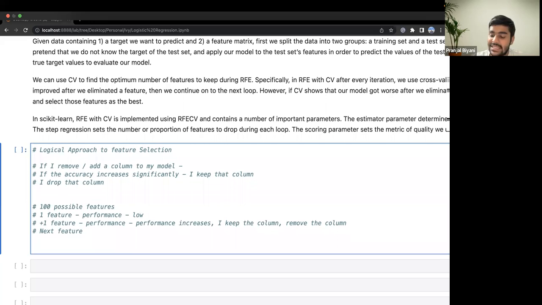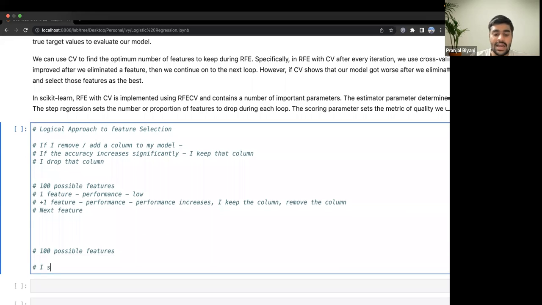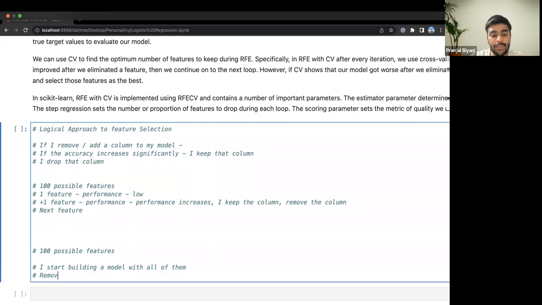Right? इसका reverse क्या हो सकता है? Suppose I have 100 possible features. Right? I start building a model with all of them. Then I remove one feature. If I see a significant drop in my performance, then I won't remove it.